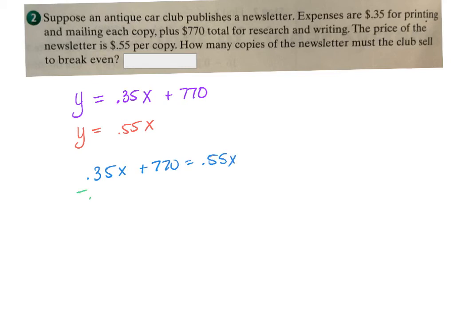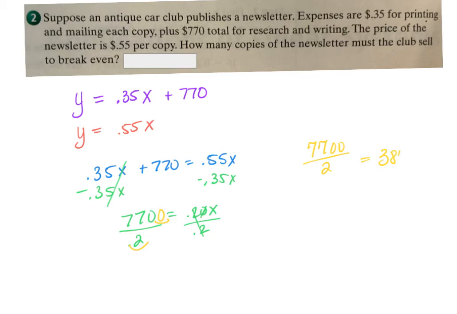I'm going to subtract my x's over. 770 equals 0.20x. If I divide, remember, I can just divide. I can make that 0.2. So divide by 0.2. Now, for this, if I just move one decimal place over, I have 7,700 divided by 2. All right, and that's where you're going to get your 3850.